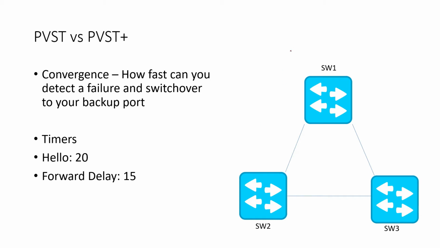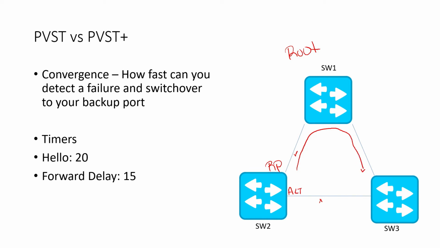So let's just say that for this particular tree, switch 1 is the root. And let's just say that on switch 2, this is a root port and this is an alternate port. So that means that this link is part of the tree, this link is not. So if 2 is trying to go to 3, 2 has to go in this direction.